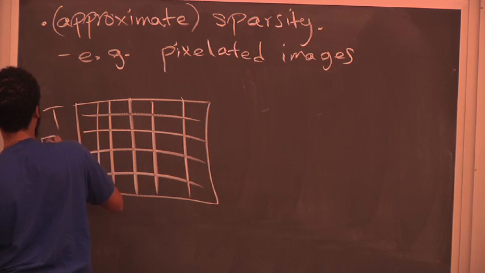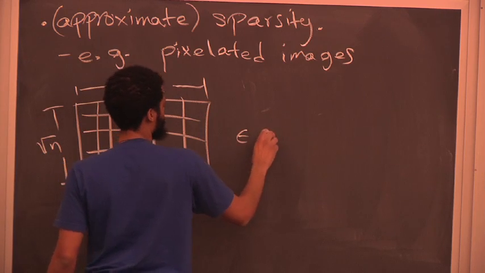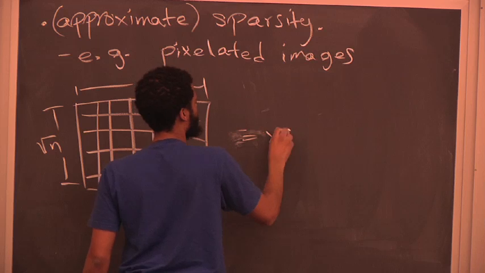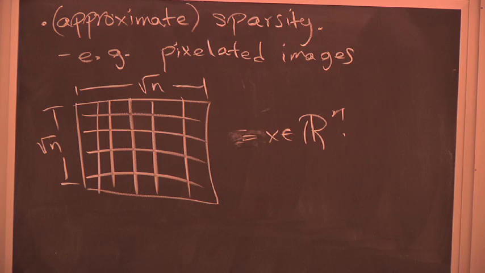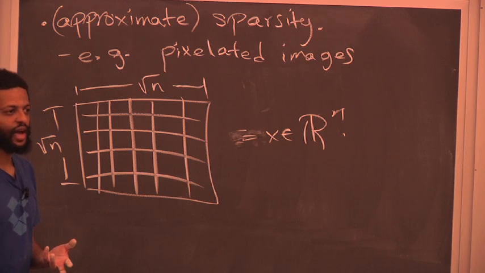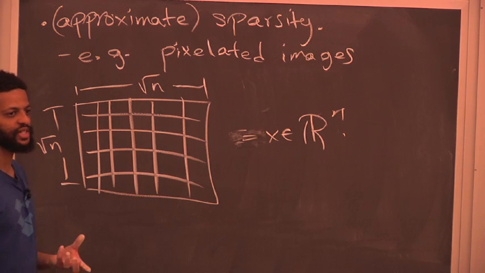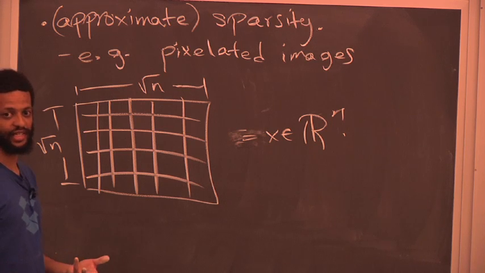It's got dimension root n by root n, so this is equal to some x in R^n. Just view it as a vector. I claim that most images, like an image of this classroom, are approximately sparse. However, it's not approximately sparse in the standard basis. It's approximately sparse once you change the basis.